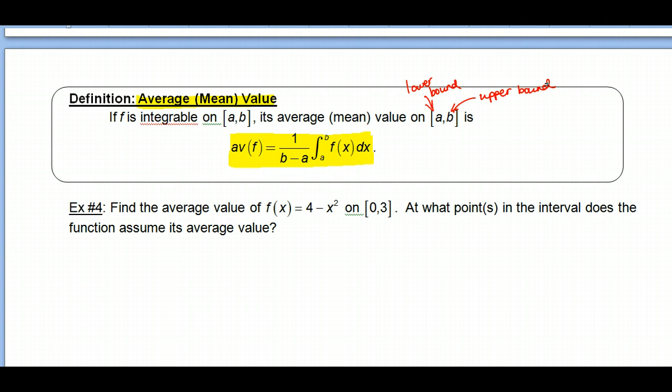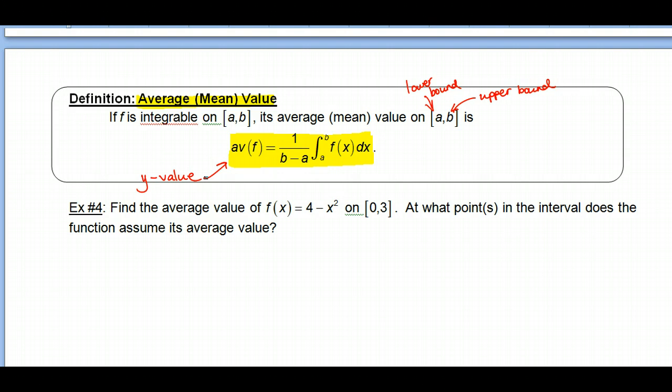So we want to find the average value of f of x equals 4 minus x squared from 0 to 3. Again, average value is going to refer to a y value. So picture 4 minus x squared.